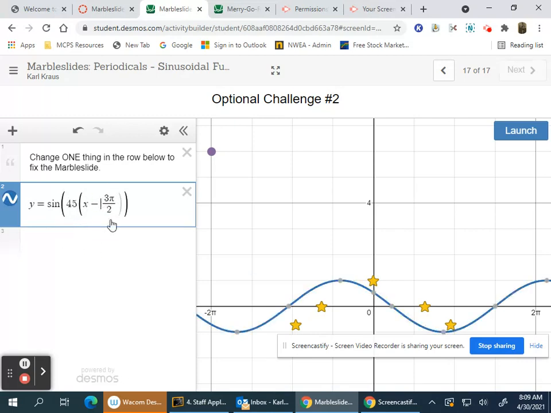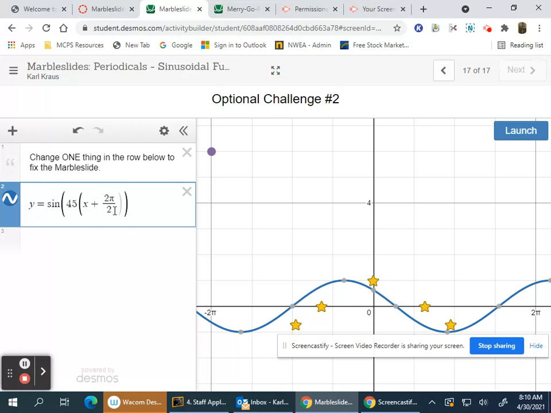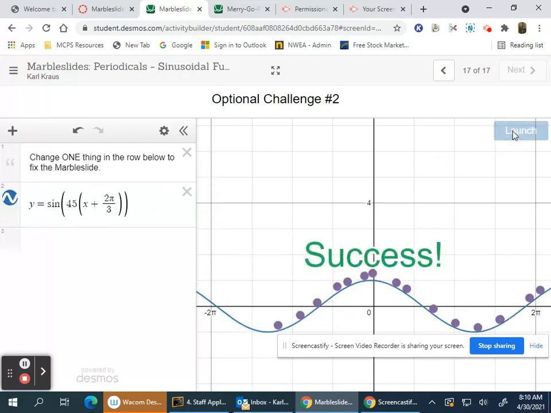Oh, there should be a plus. I mean 2 pi over 6. Yeah, that's what I put in there before. Pi over 3. So phase shift of 120 degrees, or 2 pi over 3 radians.